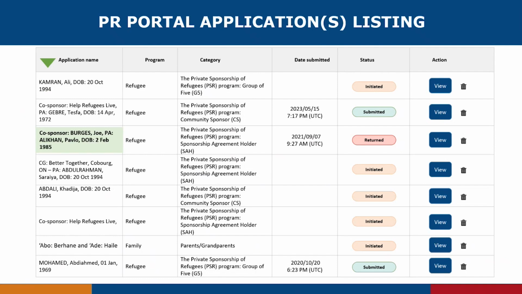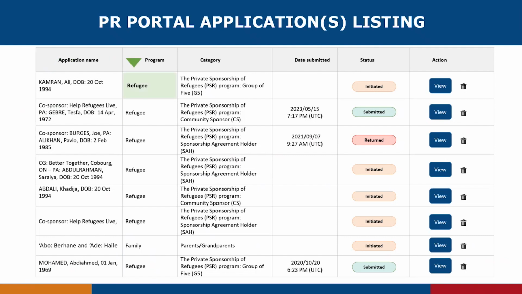Or if you already have an internal database numbering system, you may wish to use that unique number instead. If an application has been submitted, then the primary sponsor will see a link here under the application name column to download the entire application package as a zip file.